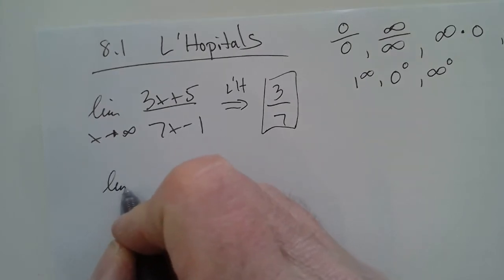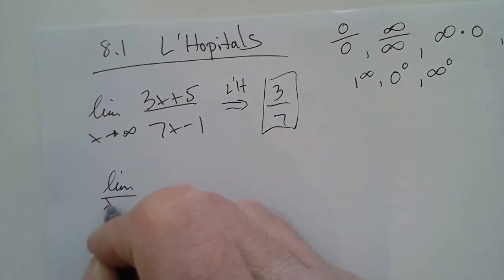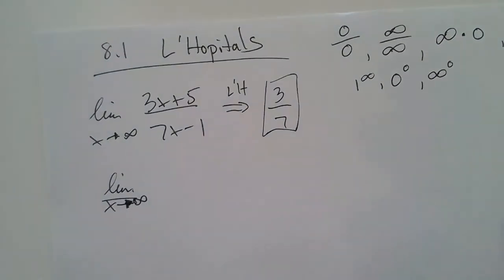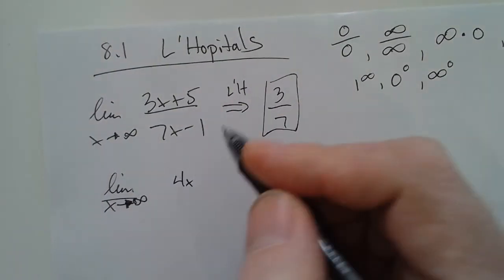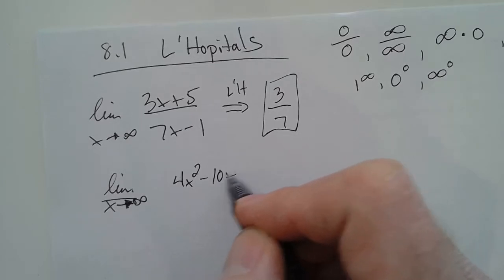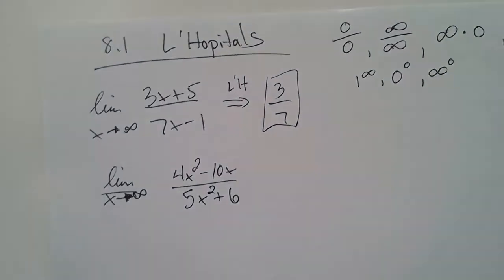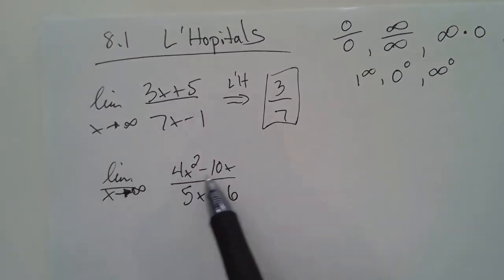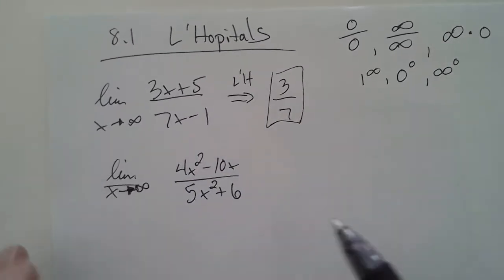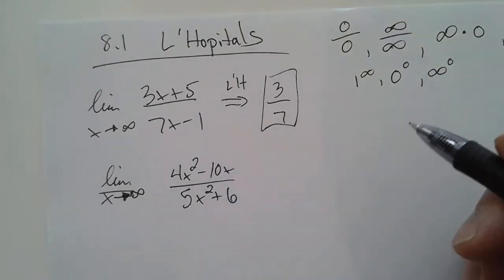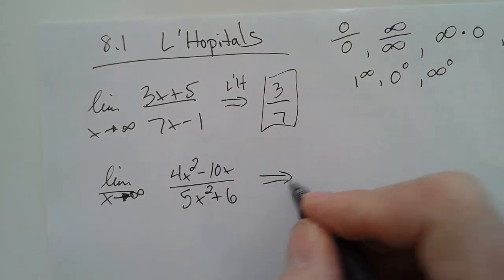Another thing, if you have, as x approaches infinity, let's say I have 4x squared minus 10x over 5x squared plus 6. X approaches infinity. It is infinity over infinity, indeterminate form, and it's written as a fraction, so we can apply L'Hopital's.